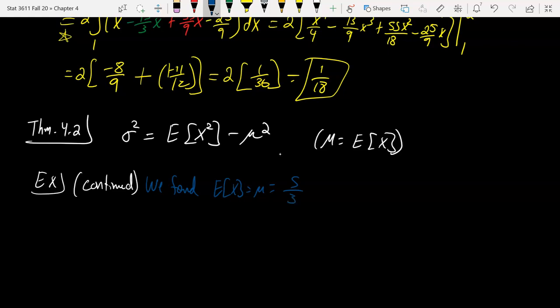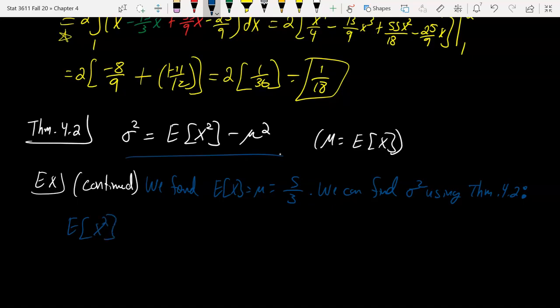Let's find the variance using theorem 4.2. Theorem 4.2 says the next thing I need to find is the expected value of x squared. And then we'll do the subtraction. So let's go ahead and do that.